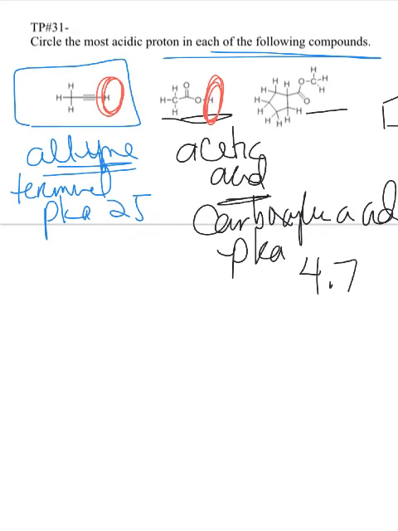So basically, this proton here is your alpha proton, and this is your most acidic proton. And this has a pKa of, I want to say 20. So that proton there. You wouldn't know that yet because we haven't talked about that, and we'll talk about that probably around Mountain Day or a little bit after Mountain Day.